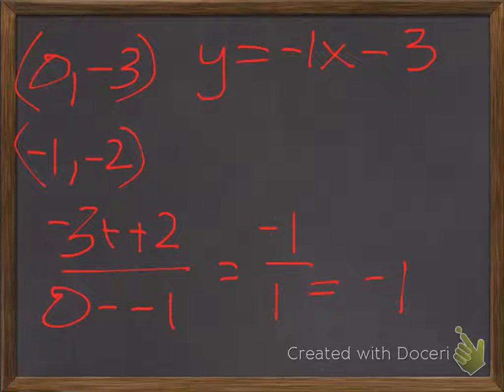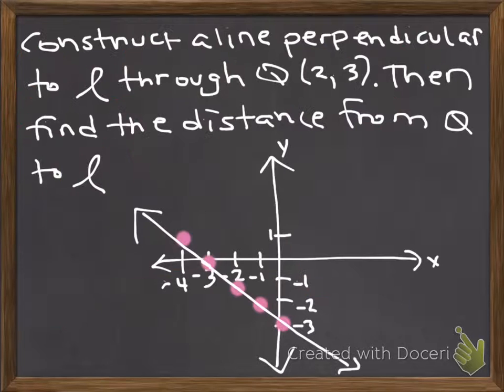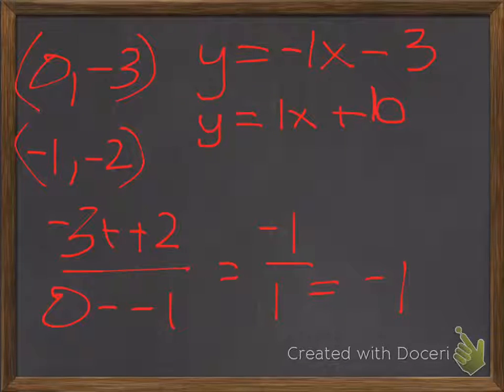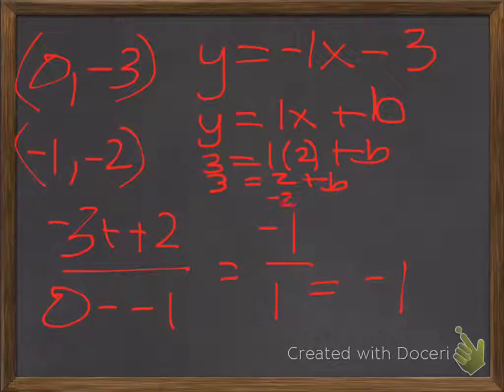Then I need to find my equation for the line with the Q point on it. So I need to use a perpendicular slope to negative 1, which would be 1. And then I need to find the new y-intercept for the line with Q on it by using the point Q, which was (2, 3). So b would be 1.